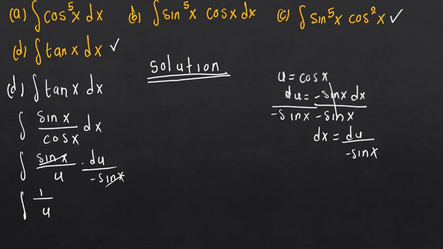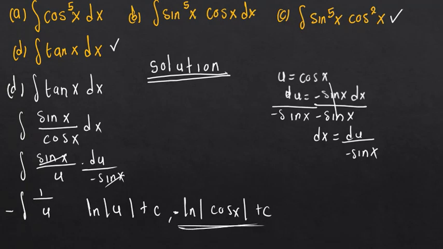Remember that the integral of 1 over u, the answer is just the natural log. So the negative is here, then plus some constant c. So therefore our final answer is negative ln of cosine x plus some constant c. So this is how simple this is.